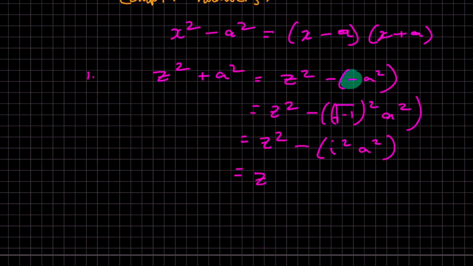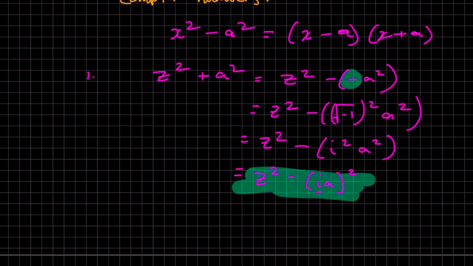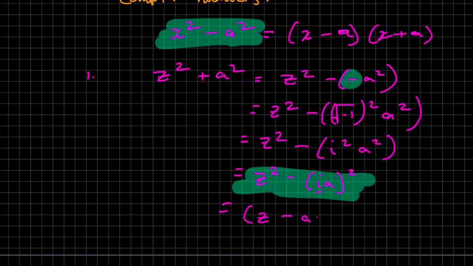Again, if I neaten this up a little bit, it can be written as z squared minus (ai) squared. Now, this form is quite similar to what we had over here. So we know that this sum of two squares can now be written as a difference of two squares. And so this can be factorized into z minus ai times z plus ai.